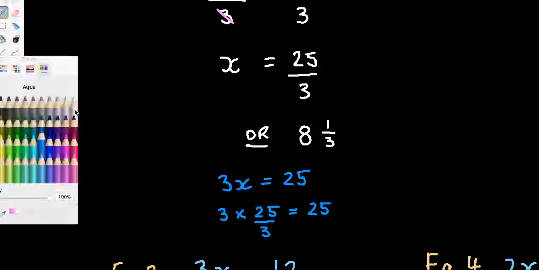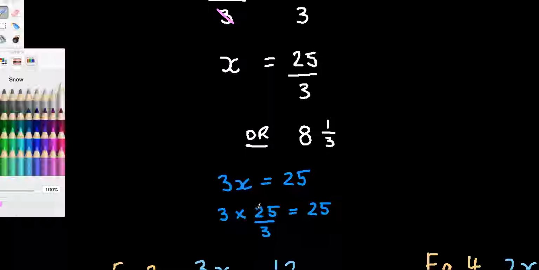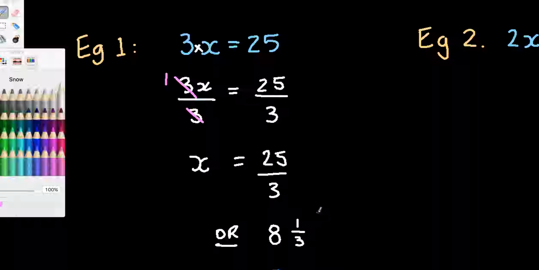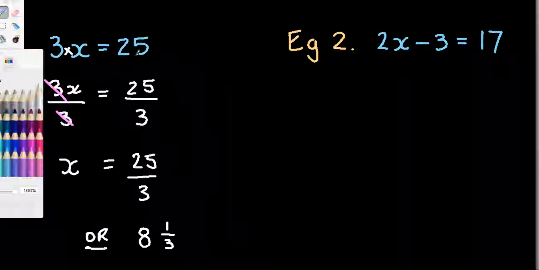Well, yeah, it is. You can do it the long way by going 3 times 25 is 75, and 75 divided by 3 is 25. Or we can see here that we can cross cancel, leaving us with 25 equal to 25, obviously. Same number. So I recommend that you always check your results, and we're checking by substituting. I'll try and remember to do that as we go.